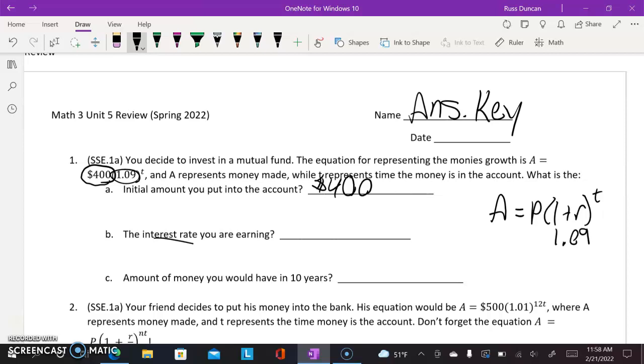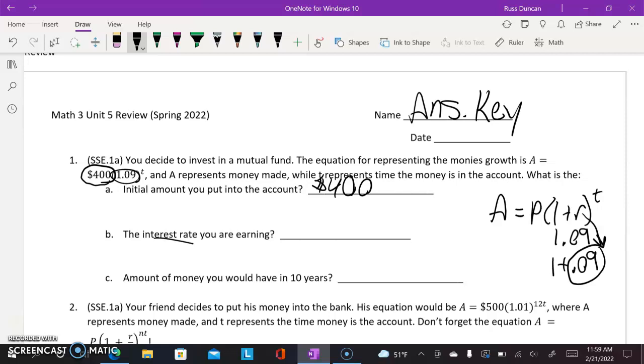Okay, so we have to kind of work backwards. So to get 1.09, you could think 1 plus 0.09. If I add that together, I get 1.09. So 0.09 is the rate, but that's the rate after we've changed it. We've used percent or applied percent.